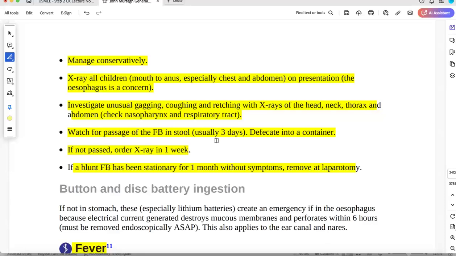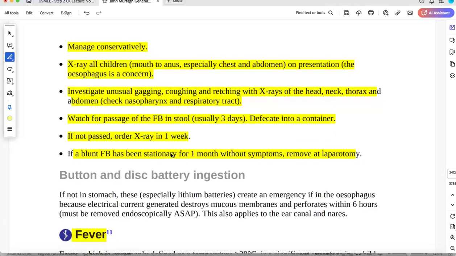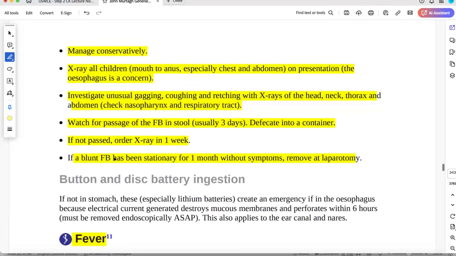Now, if after 3 days there is still no foreign body passed out, then you will reorder another X-ray in a week, just to see where it is moving. Now, if a bland foreign body is stationary for 1 month, even without any symptom, you have to remove it by laparotomy.